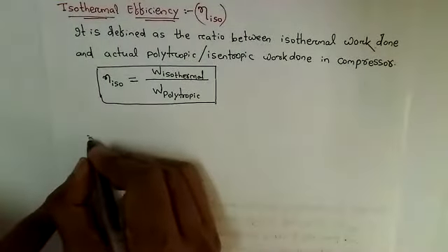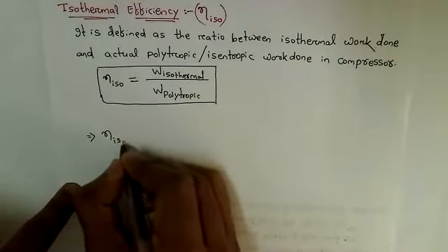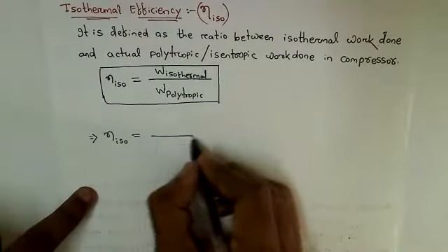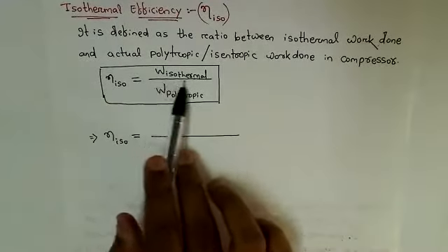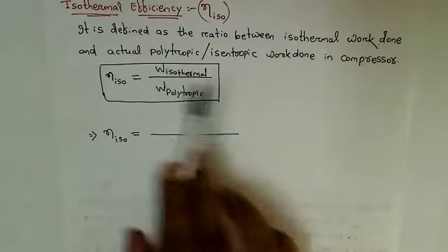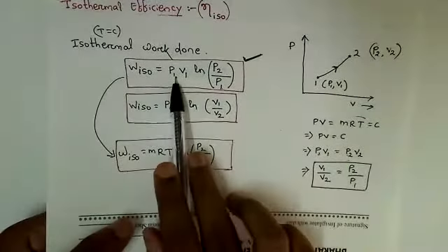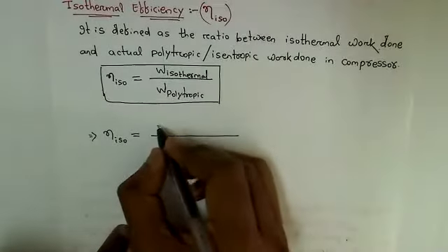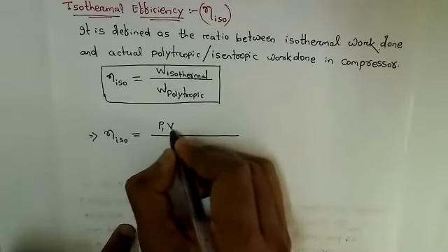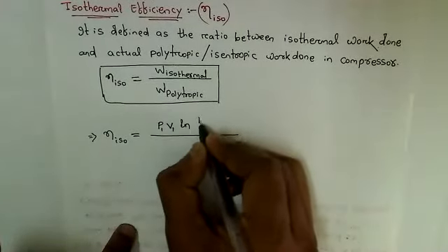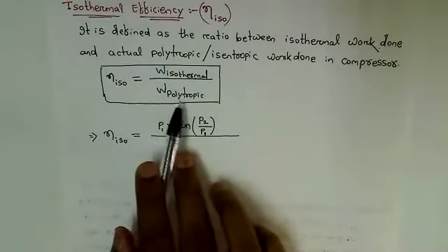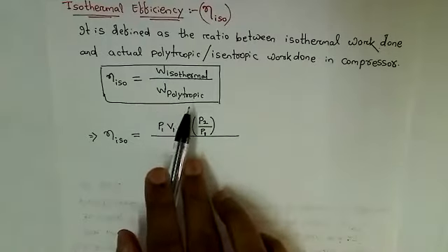So that implies, if we put in the formulas, eta isothermal equals the ratio between, what is the formula of isothermal work done? For isothermal work done, the formula becomes P1 V1 ln P2 by P1. So we write P1 V1 ln P2 by P1. And what is the polytropic or isentropic work done?